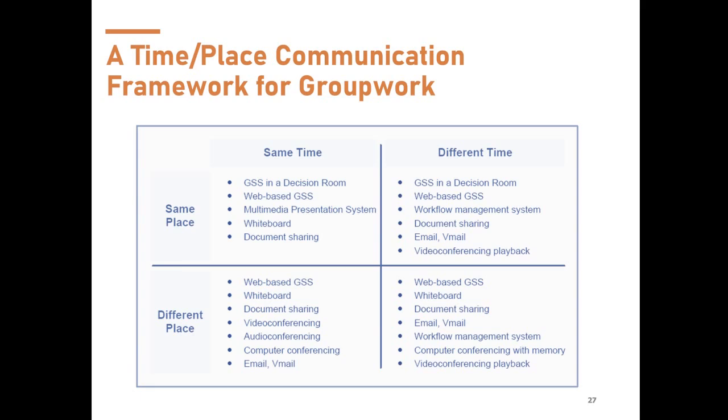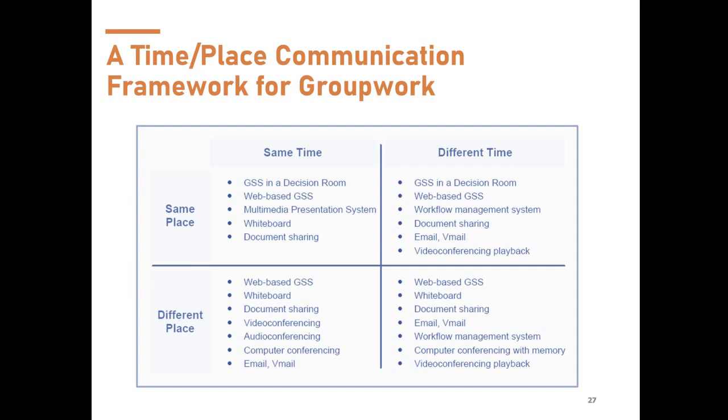And on the other hand, asynchronous communication means information reaching the recipient at a different time than when it was sent, as in email exchange. So those are the differences between same time and different time shown in this framework.